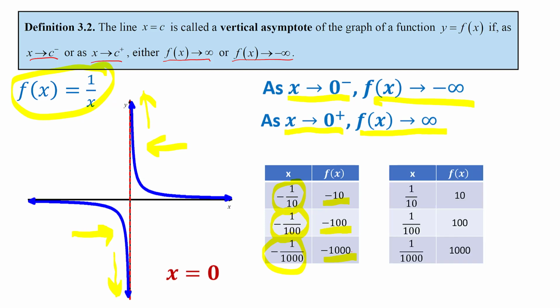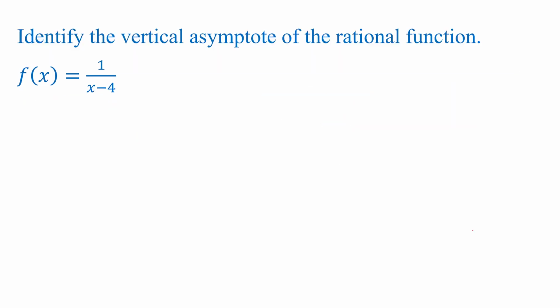For the positive side of x equals 0, if we get closer to 0, starting with 1/10, then going to 100th to 1000th, we have y values of 10, then 100, then 1000. We could keep going. We are indeed approaching positive infinity for our y values here.